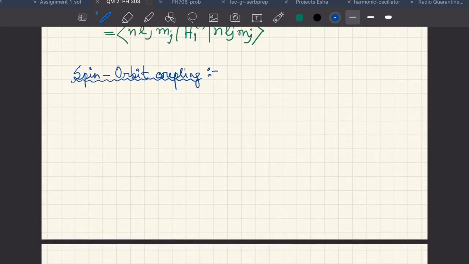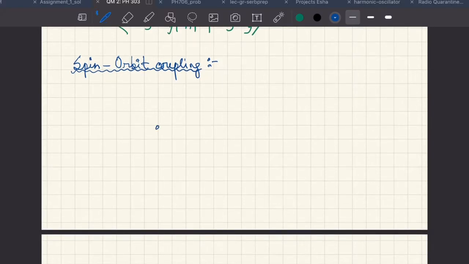Suppose I am sitting on this electron; what will I see? I will see that I am sitting fixed and the proton is circling around me. So the electron will also see the same thing: this positively charged proton circling around it.